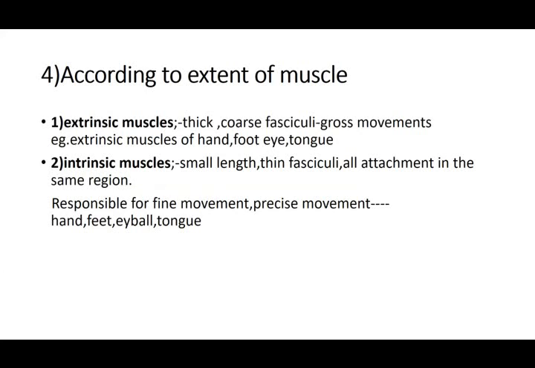That is what is called the intrinsic muscles, and if the attachment is outside the eye, it's going to be called the extrinsic muscle. These intrinsic muscles are said to produce more fine movement. So wherever you have fine small muscles of the hand, the eye, the tongue, you have a group of intrinsic muscles, because they produce finer movements, because the energy is not wasted for a long period.